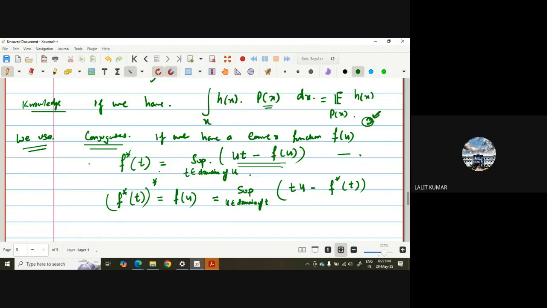This is the first conjugate, this is the second conjugate, and when you take the second conjugate it comes back to the same function we started from. Is this okay with everyone?